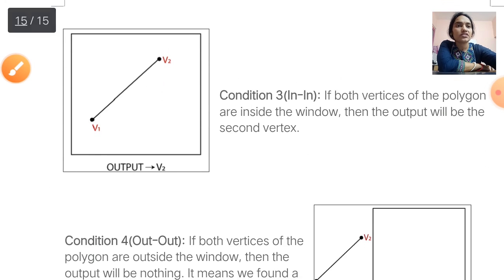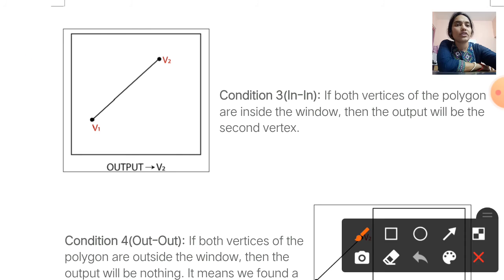The third condition is the in condition. If both vertices of the polygon are inside the window, that means the line is inside the window, then the output will be the second vertex.